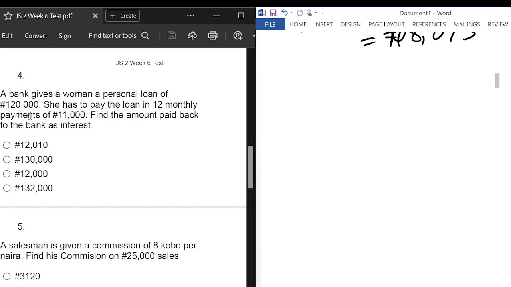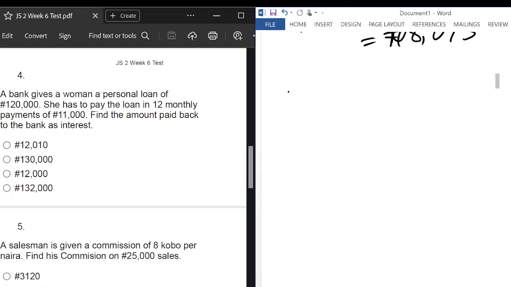So what we need to do now is, 12 monthly installments. That means 12 of 11,000, and each month the woman will be paying 11,000 naira. So how much did she pay at the end of the 12 months?